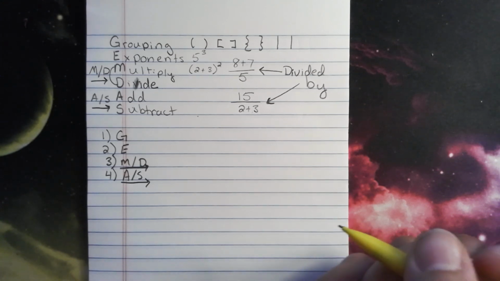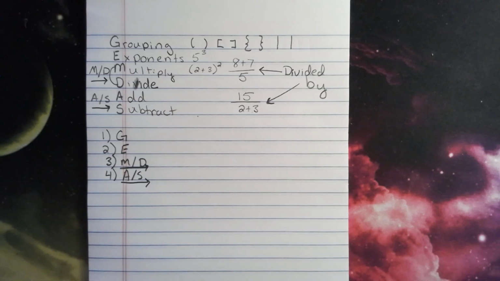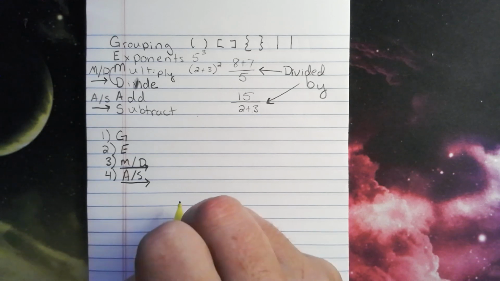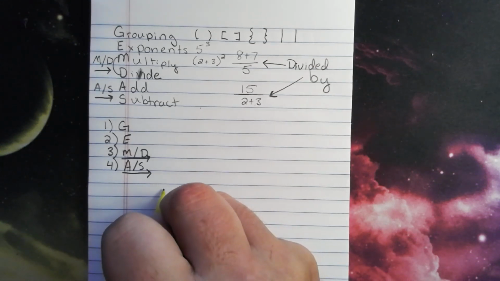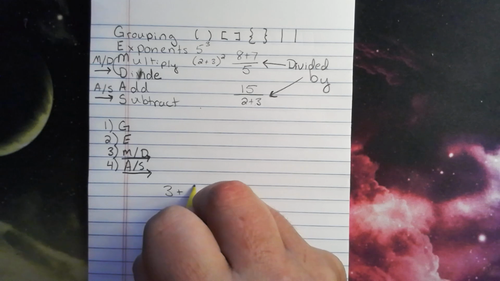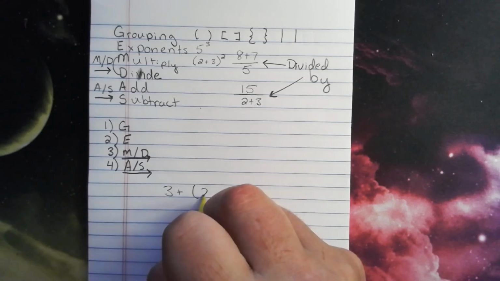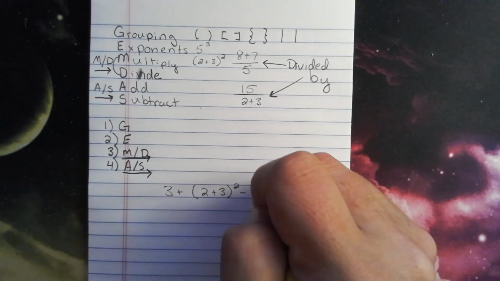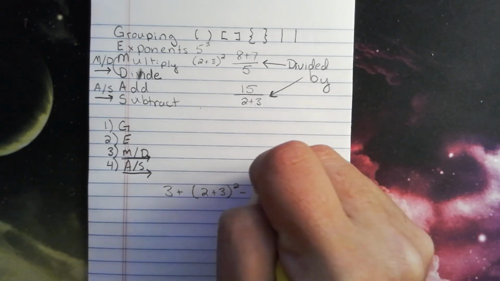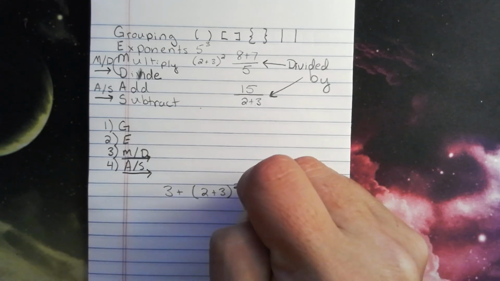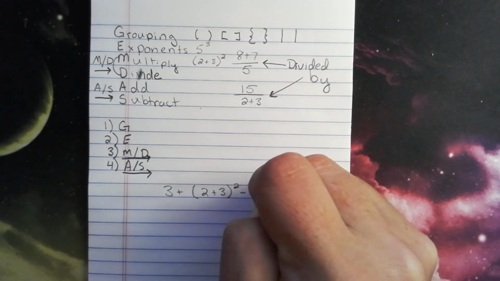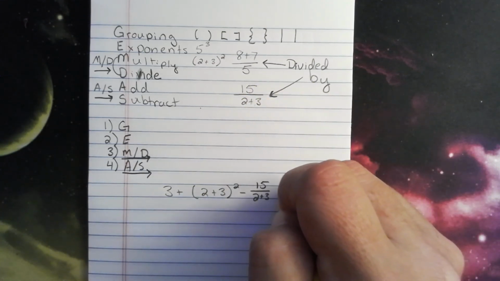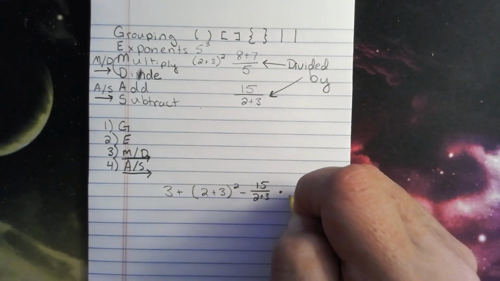I'm going to try and make sure I don't make a mistake, because another day I actually tried to go into negative numbers. We're not working with negative numbers yet. So let's see. We have 3 plus, let's open parentheses, 2 plus 3 squared minus, we'll say 15 divided by 2 plus 3, just to get one of those ones that have the invisible grouping in there, times, oh, I don't even know.